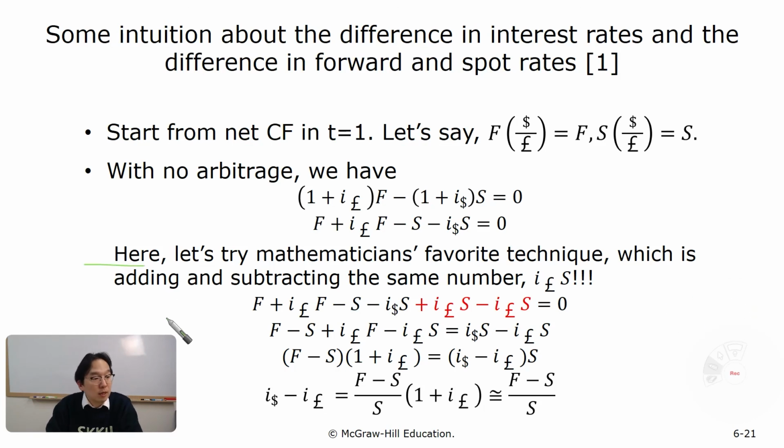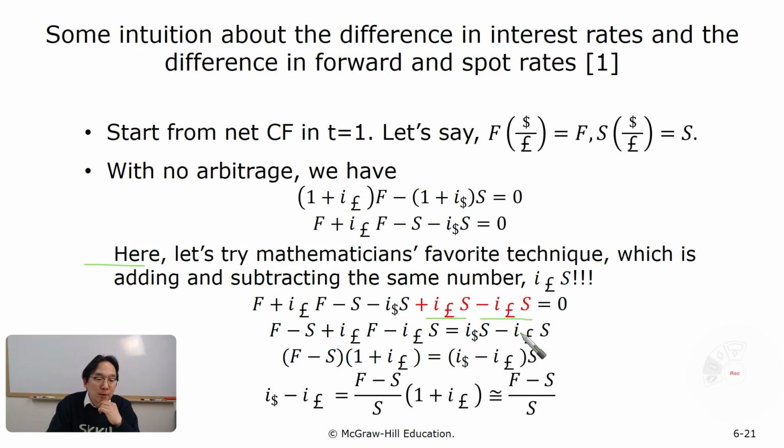Then, shall I try this? Yeah. Let's try the mathematician's favorite technique, which is adding and subtracting the same number, that is I pound times S. So it's the red one over here. Adding and subtracting, I did nothing. Okay, fine. Then what?